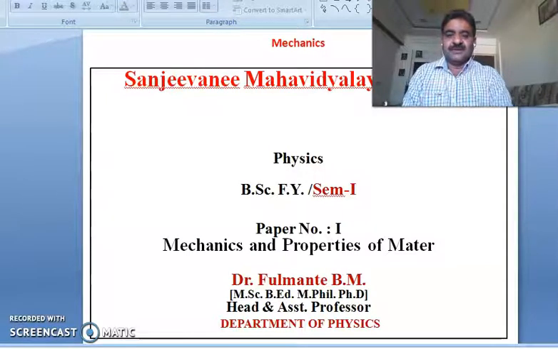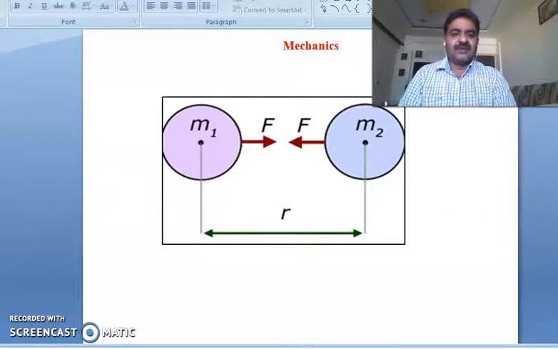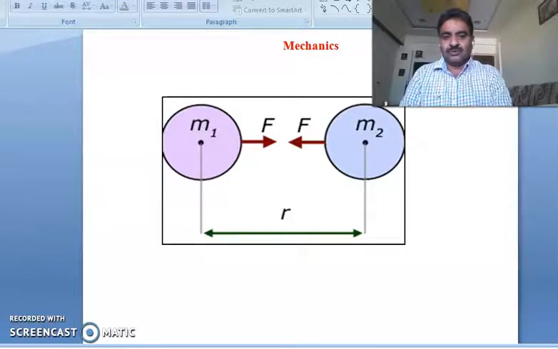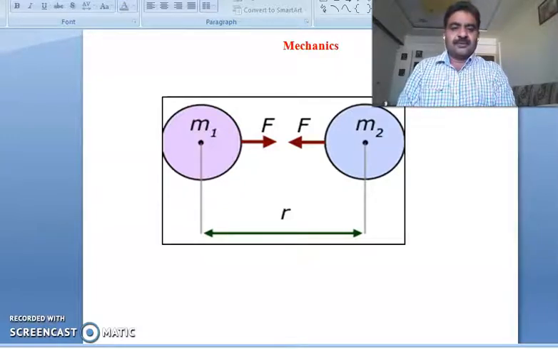See this figure. Here there are two objects, M1 and M2. They are apart by r.